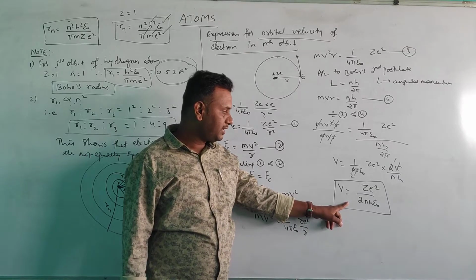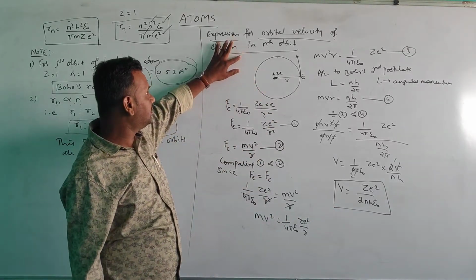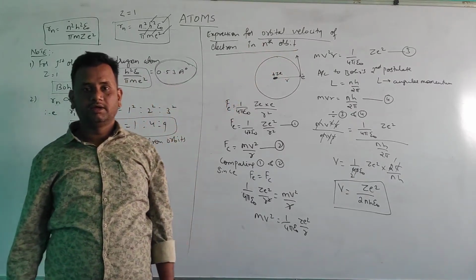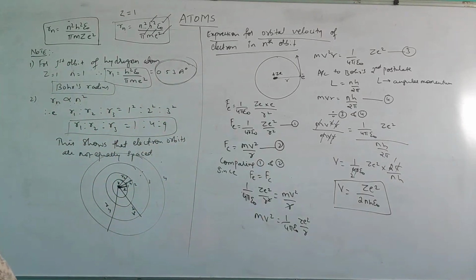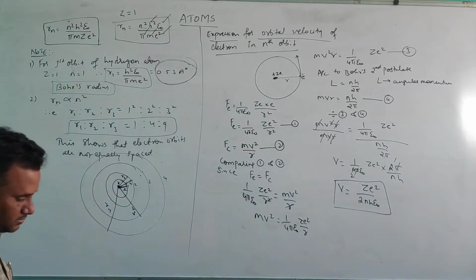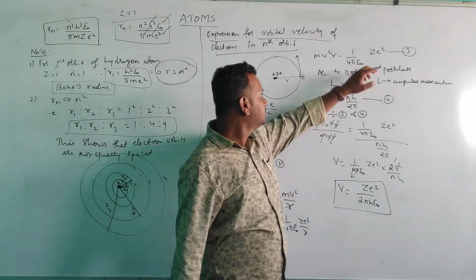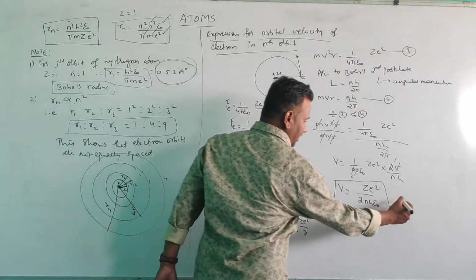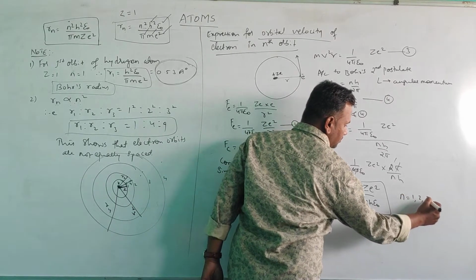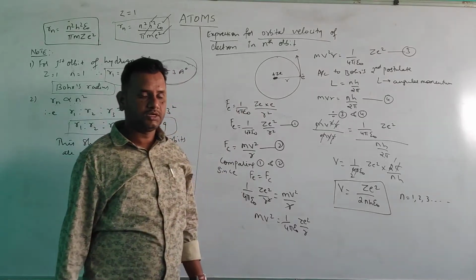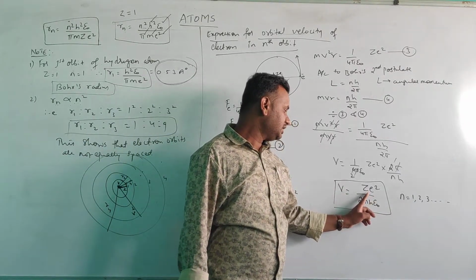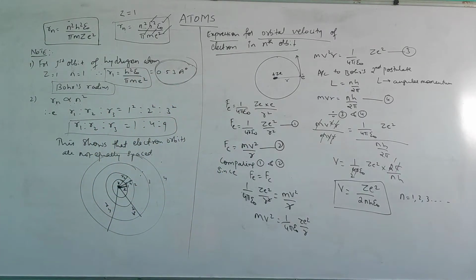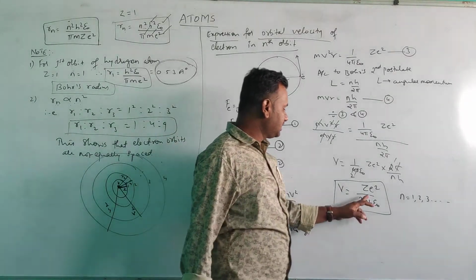Here, dear students, n indicates the number of the orbit. It can be 1, 2, 3, and so on. Here Z indicates the atomic number.